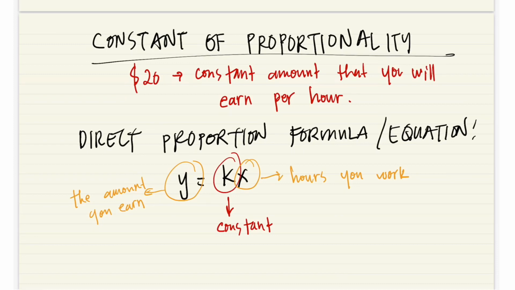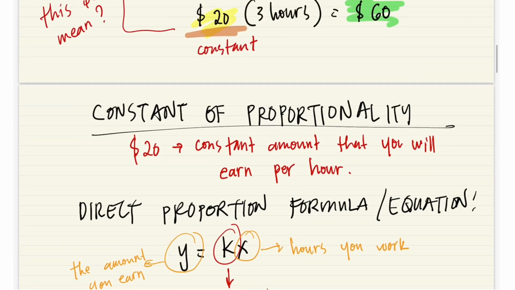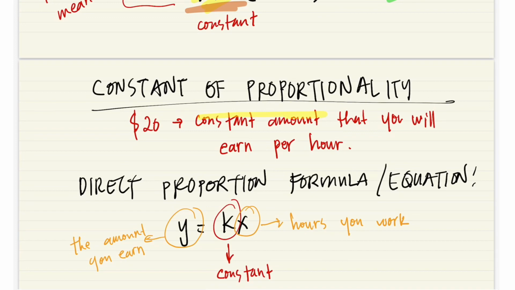So k here stands for constant, x here stands for the number of hours you work, and y here stands for the total amount you earn.